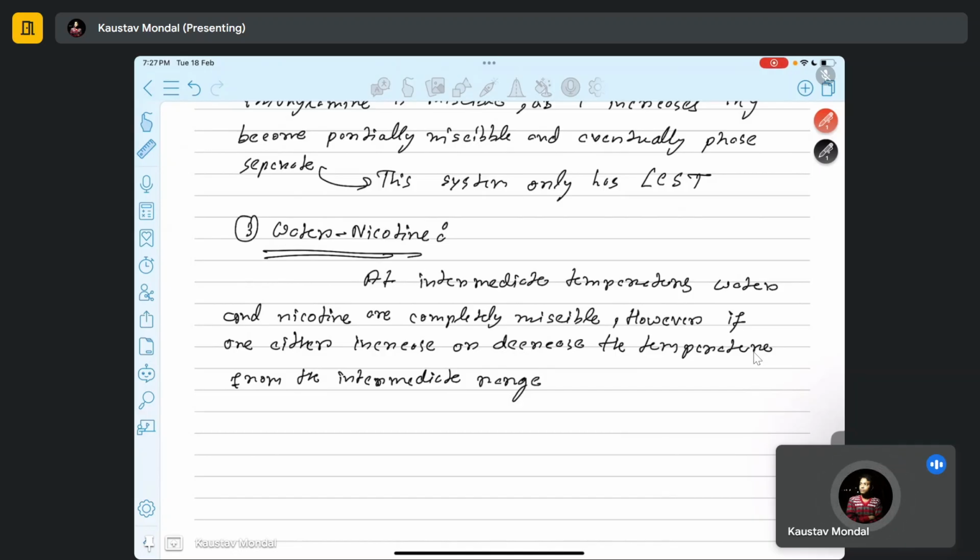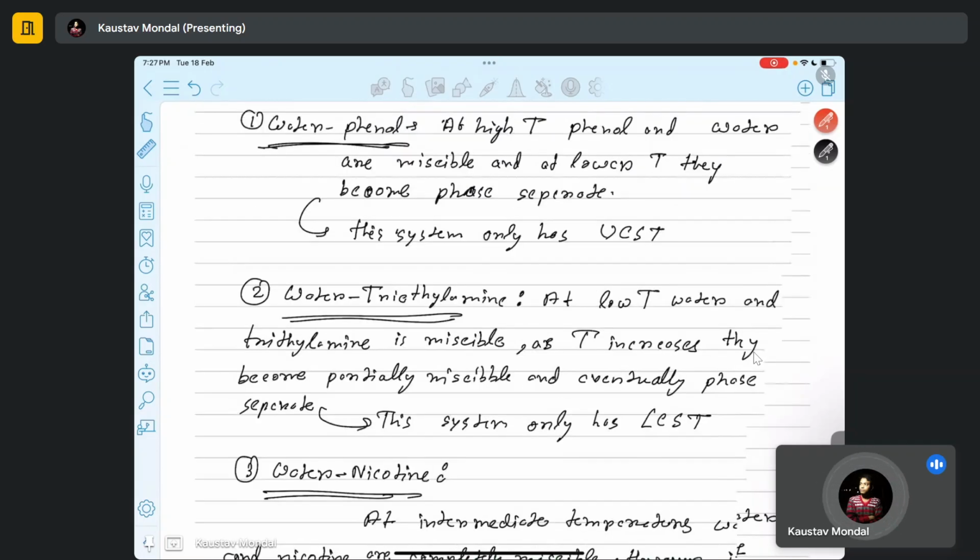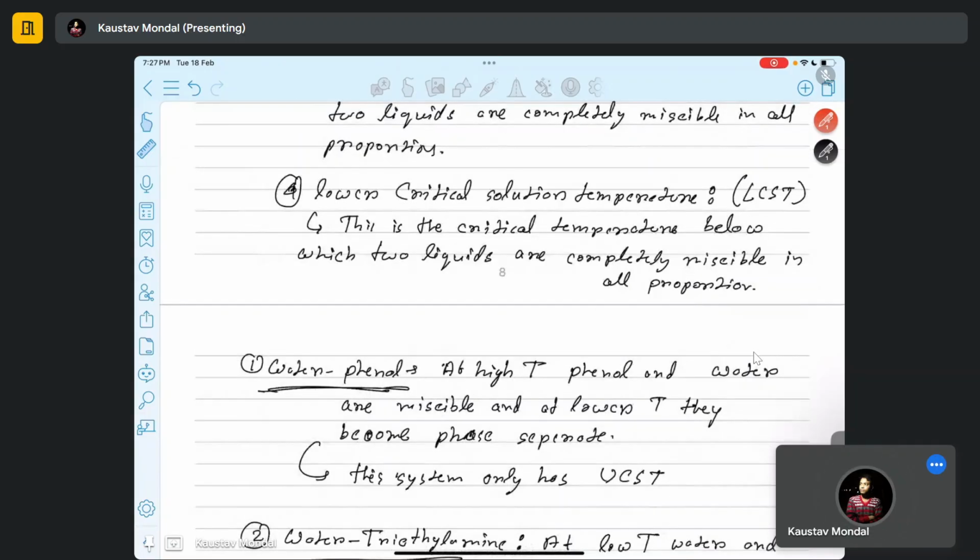The mixture will simply phase separate. So that means both UCST and LCST exist for water-nicotine, right? So this is the thing, 1, 2, 3.